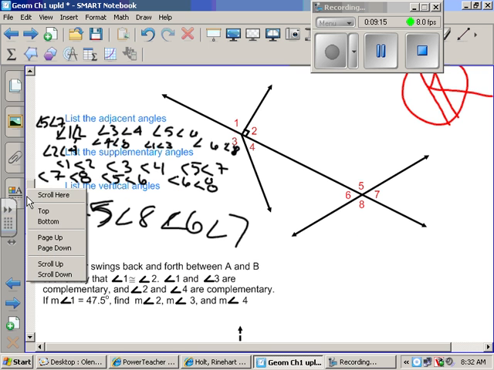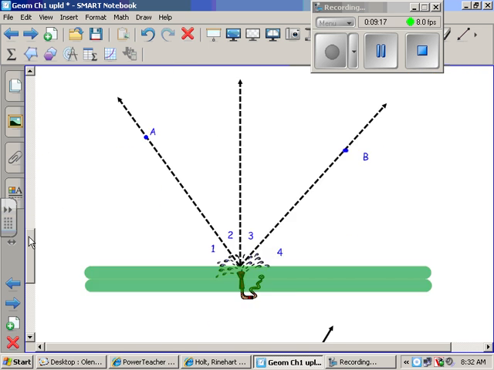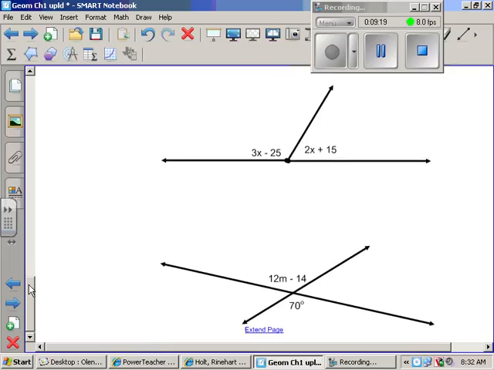Now let's use those relationships to solve some equations. What kind of angles are these? Supplementary, because they are a linear pair. So what can we set them equal to?